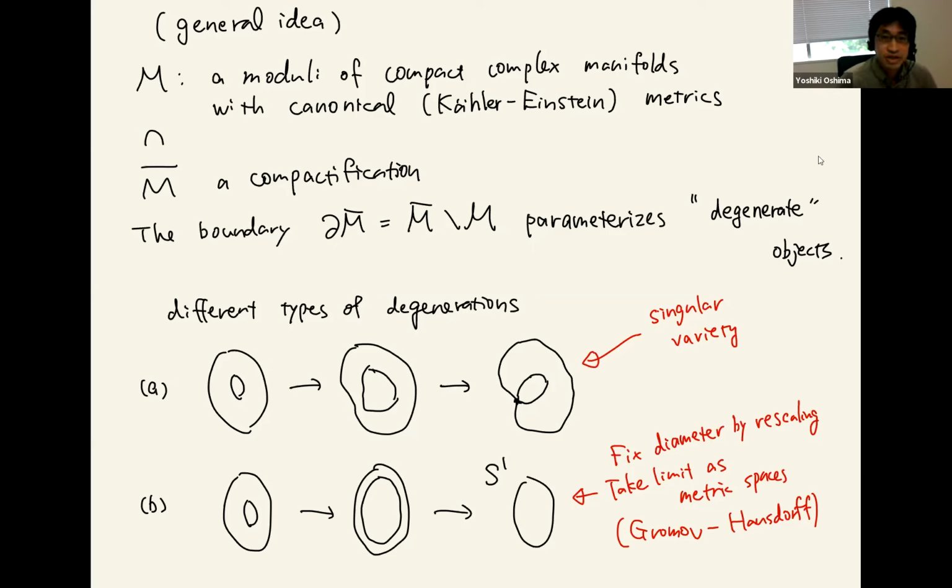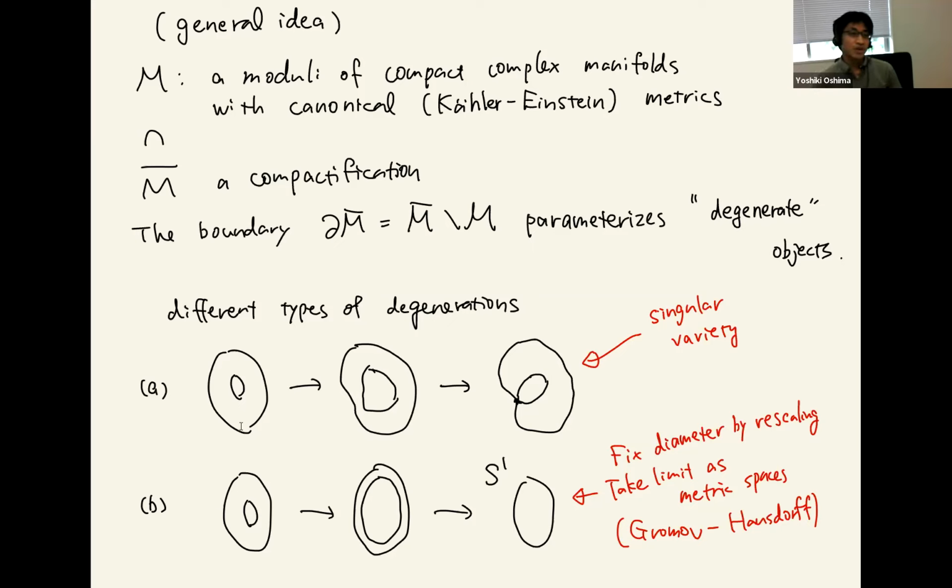So when you say a degeneration of varieties, there are several different types. I show this in this picture. For example, in the first case, we consider some equations in projective space, and if these equations have parameters, then we have a family of projective varieties.